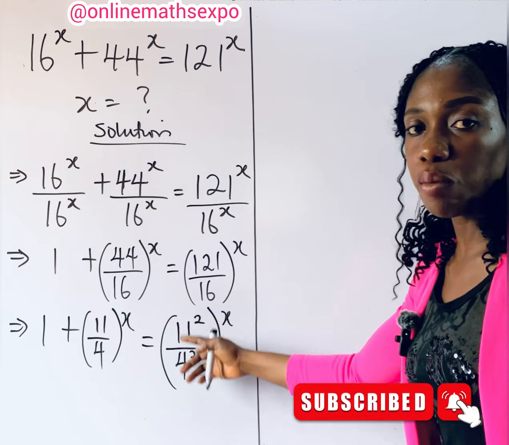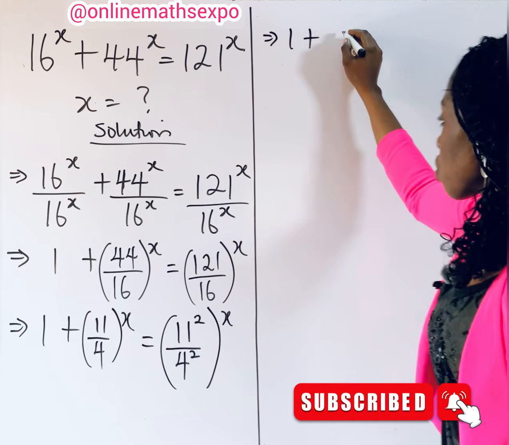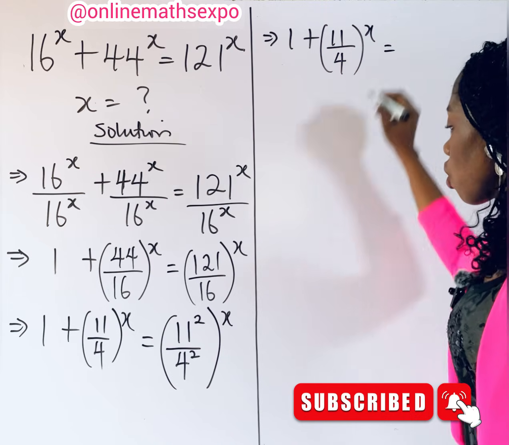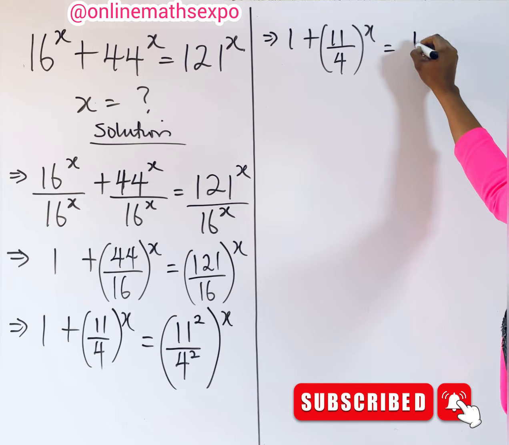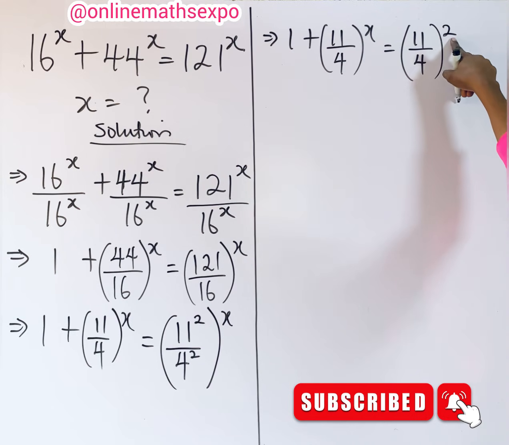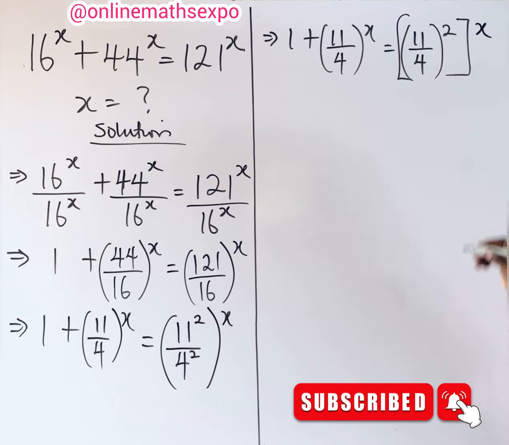Obeying the same rule here, we are going to have 1 plus 11 over 4 to the power of x is equal to 11 over 4 raised to the power of 2, then we are raising it to the power of x. I hope you see what we are doing.